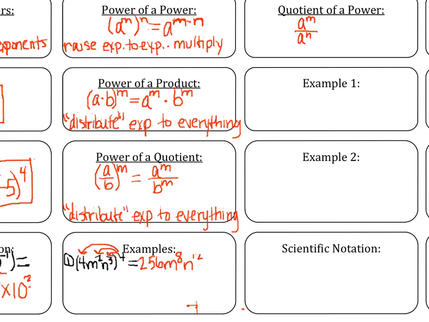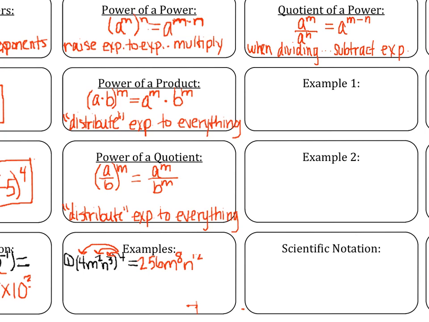Your top has a base of a and your bottom has a base of a. To simplify that, you're going to do a to the m minus n. This is how we reduce it when we've got the same base with different exponents. So when we're dividing, you need to remember to subtract your exponents.